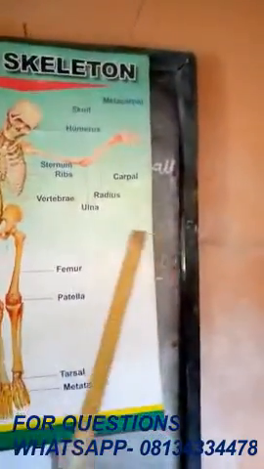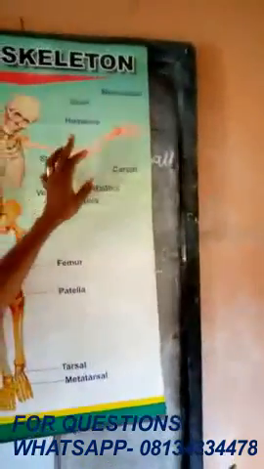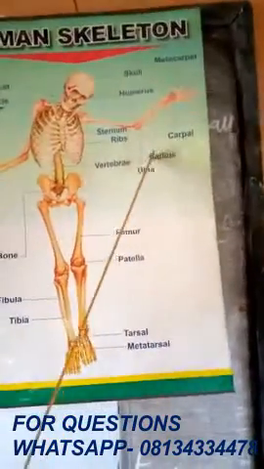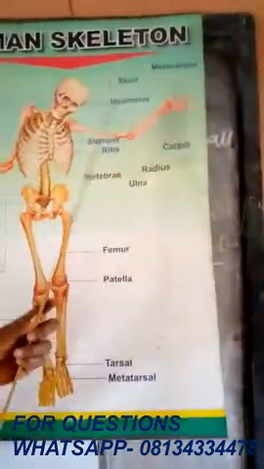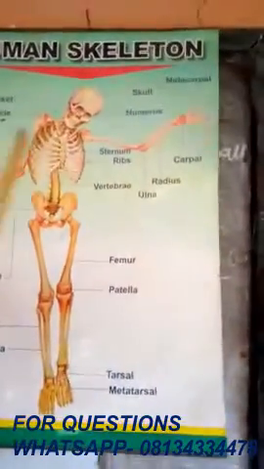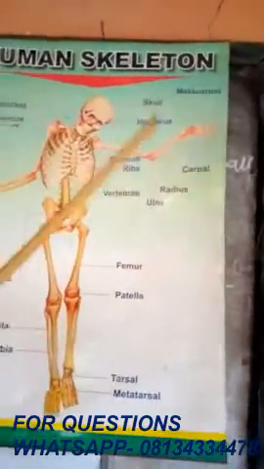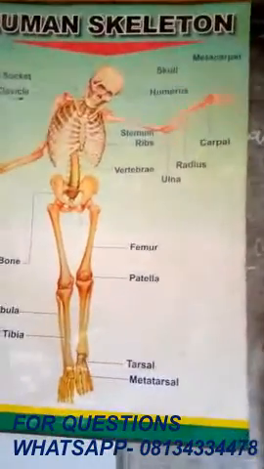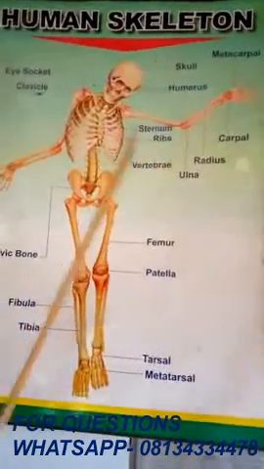And the lower forelimb has two bones, the ulna and the radius. That is from your elbow down to your palm, which is here. From this region down to here is the lower forelimb.